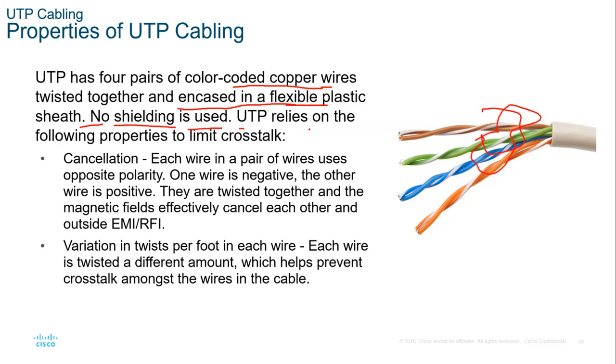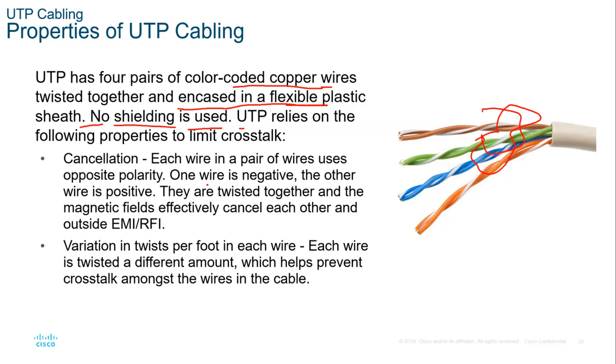UTP relies on the following properties. Cancellation: each wire in a pair uses opposite polarity. One wire is negative, then the other is positive. They are twisted together and the magnetic fields effectively cancel each other and outside electromagnetic interference or radio frequency interference.